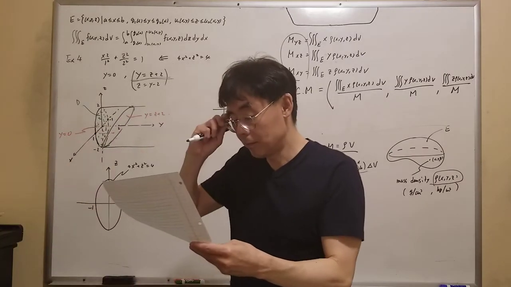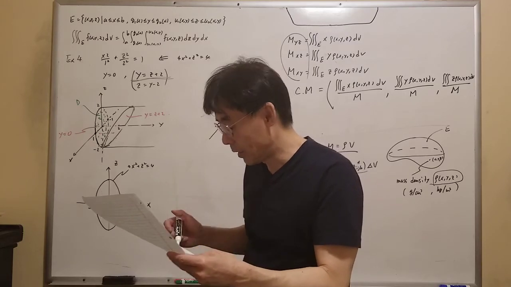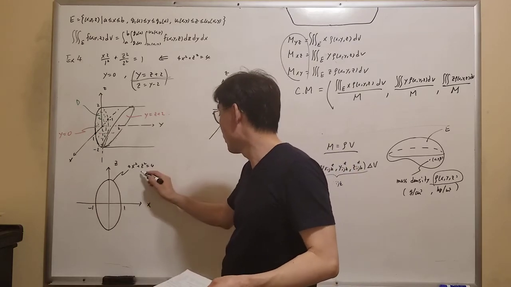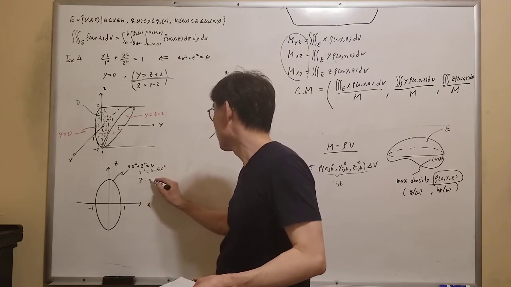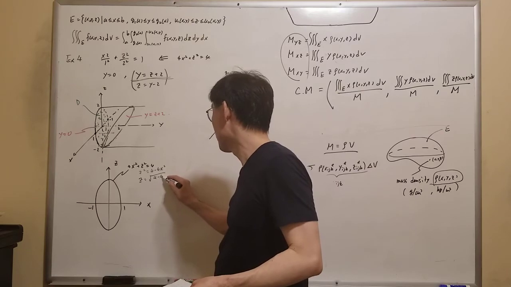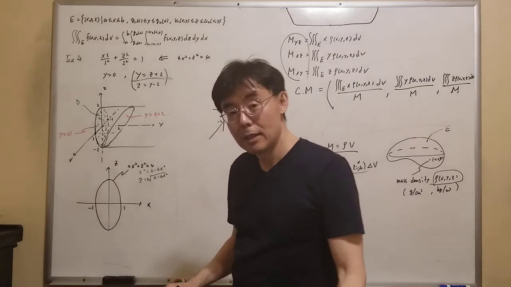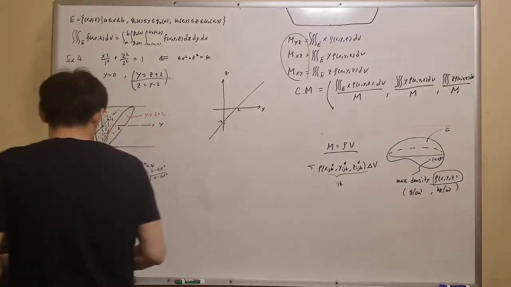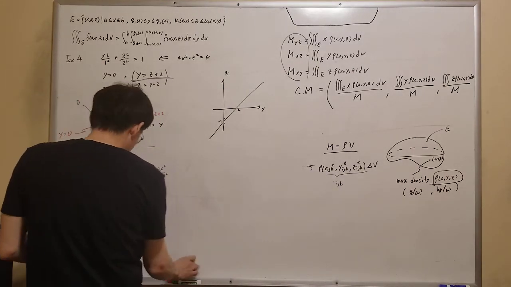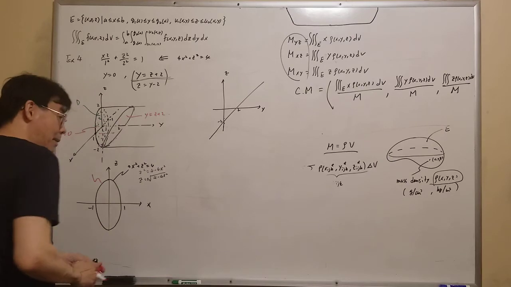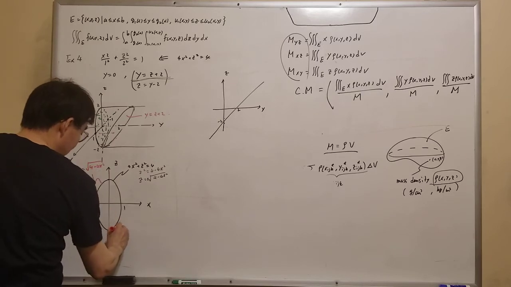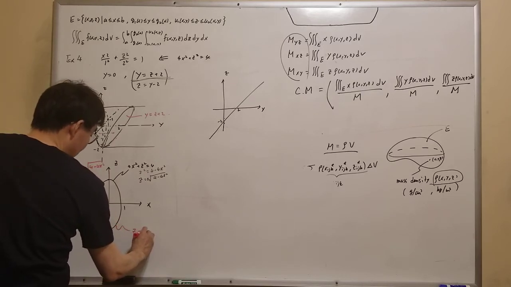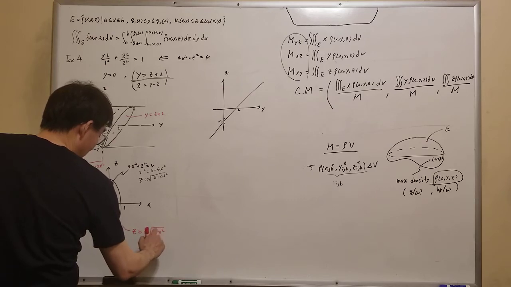And what do you have to do? You have to solve for z. z squared equals 4 minus 4x squared. z equals plus minus square root of 4 minus 4x squared. So the upper semi-ellipse will be z equals square root of 4 minus 4x squared. Lower semi-ellipse will be z equals negative of square root of 4 minus 4x squared.